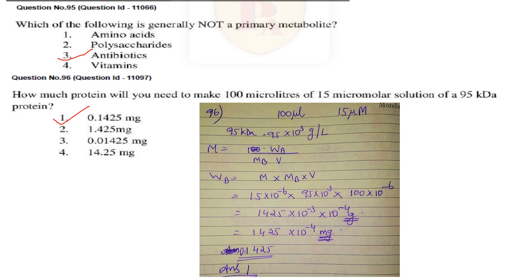So we have to find out the weight of the protein. That is W, we have to find out. That is M into Mb into V. Substitute the values and you will get it as 0.1425 mg. That is, the answer is option 1.